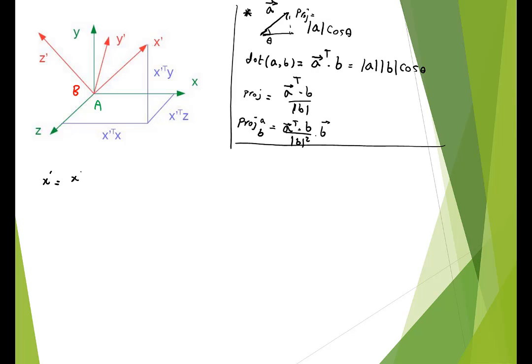Using the same formula, it is x prime times x, projected on x, divided by the length of x squared. x is a unitary vector, principal axes are unitary, so its magnitude is 1. Similarly, it has a projection on y and z. You can write this for the y prime axis and z prime as well.